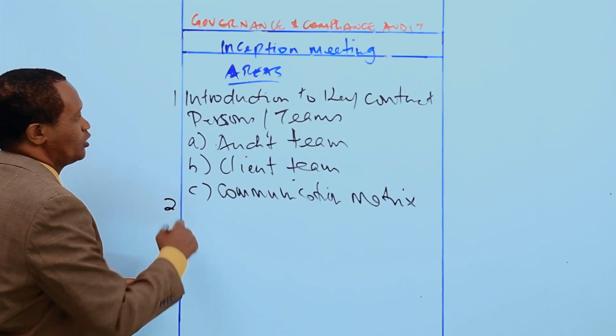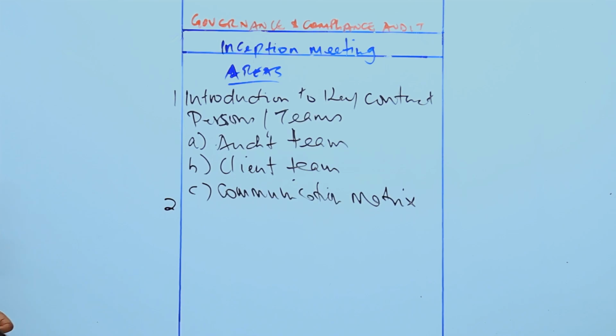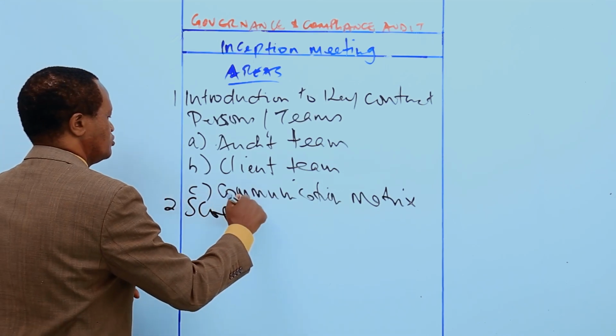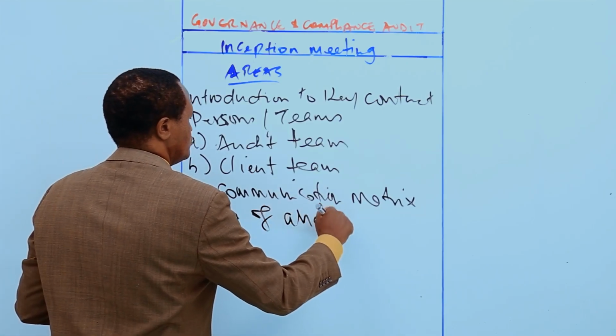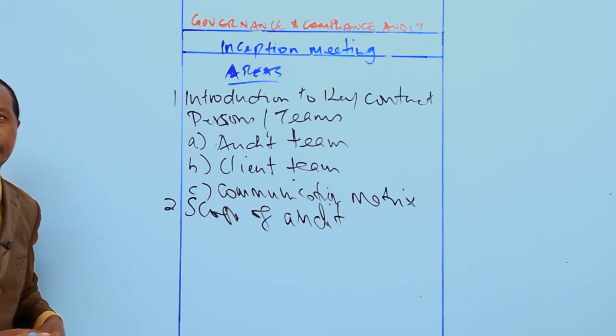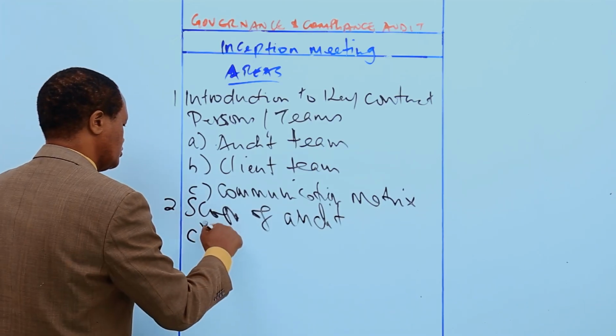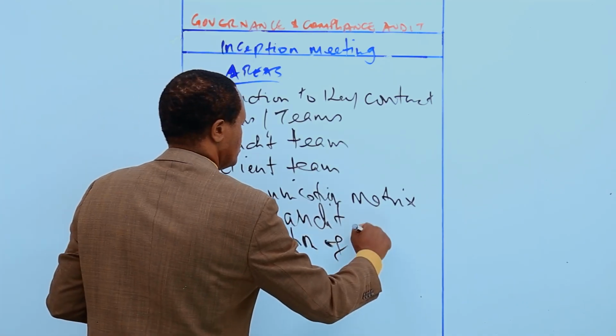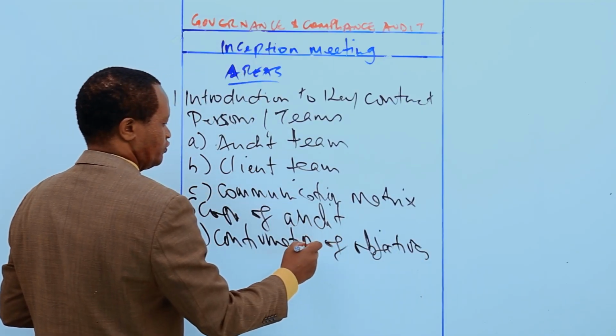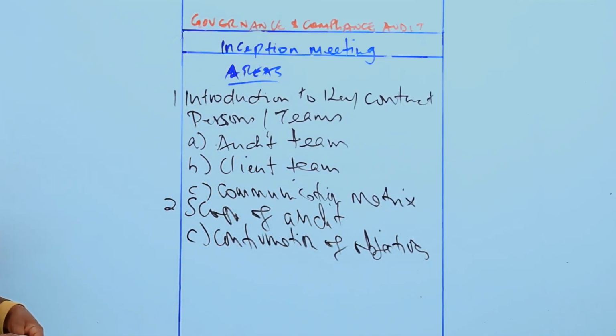Another area that may require clarification in an inception meeting is the scope of the audit. The scope of the audit will include the confirmation of objectives. Here, reiteration and confirmation of the specific objectives of the governance and compliance audit is done.